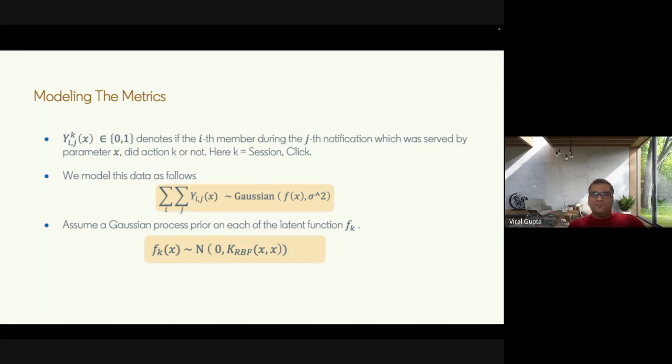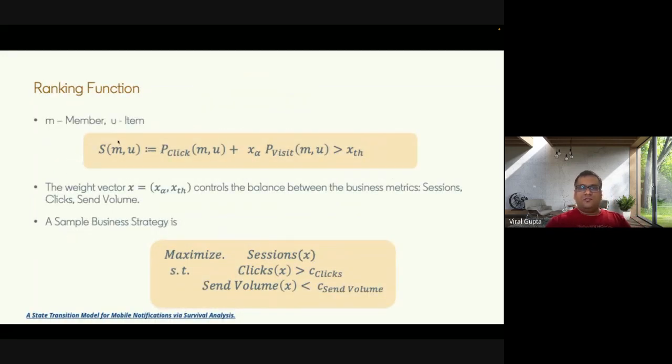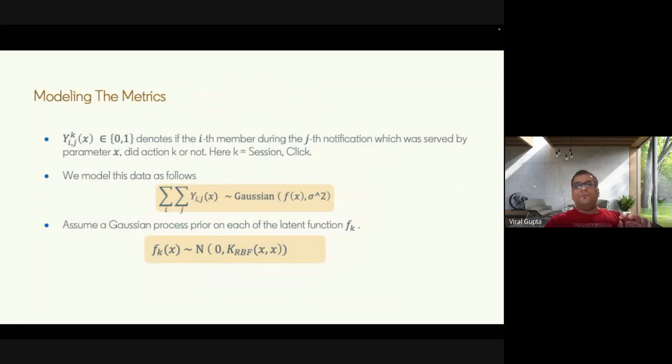For simplicity, if you look at this score function, let me simplify it and say p click greater than threshold. So let's say I have one machine learning model, p click greater than threshold. X alpha is gone, so now your hyperparameter is one-dimensional. That x is x threshold. Simple.